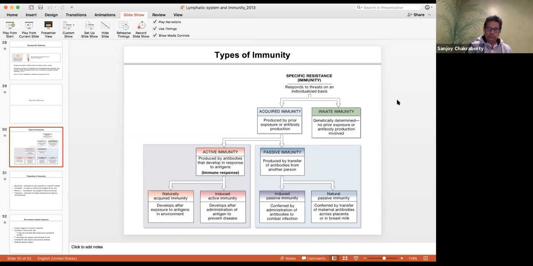Class 1 is in all nucleated cells. When a foreign antigen attacks them, the class 1 protein captures one of their abnormal peptides and shows it on the membrane so that they can attract the cytotoxic T cells, which have the CD8 marker. So class 1 is attracted by the CD8 marker.